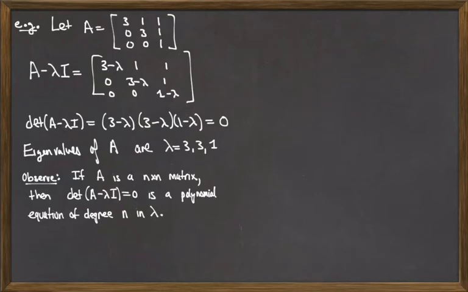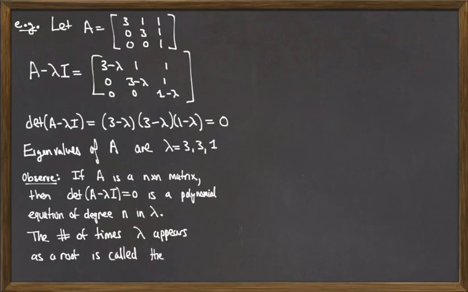Whatever the size of the matrix is, that will determine the degree of the characteristic equation. You try to find the roots of that equation, and its roots are the eigenvalues, but as we see here, sometimes roots get repeated. So in this case, we saw lambda equal to 3 occurred twice. So we're going to say that the number of times lambda appears as a root is called the multiplicity of lambda as an eigenvalue.